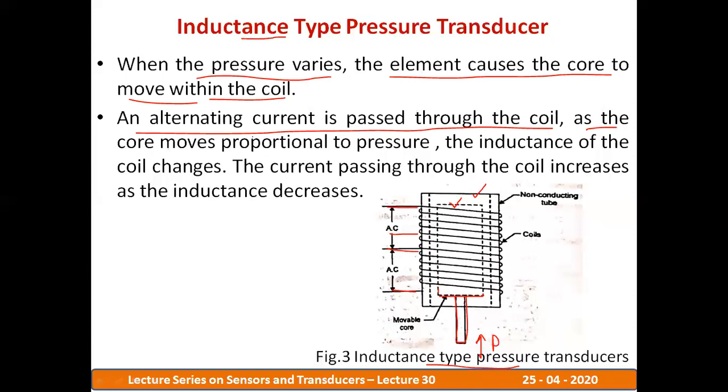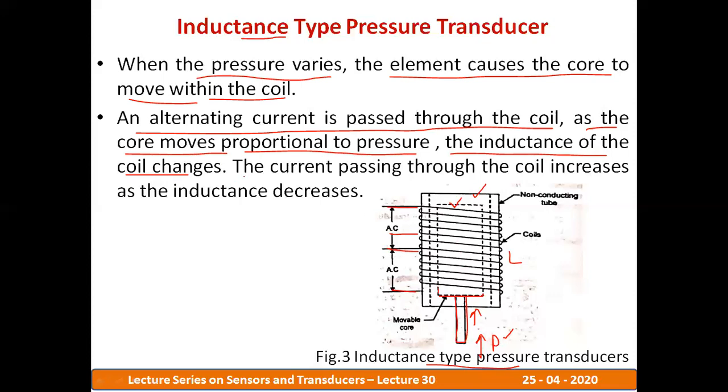As the core moves proportional to the pressure, the inductance of the coil changes. When pressure is applied, proportionately the core will move inside the coil, and as a result the inductance of the coil will change.